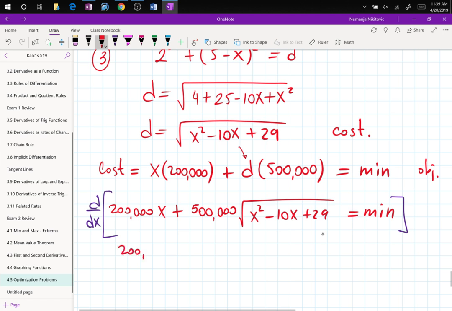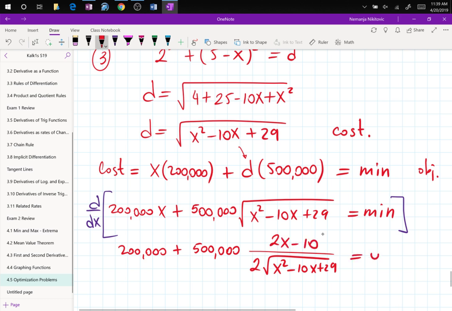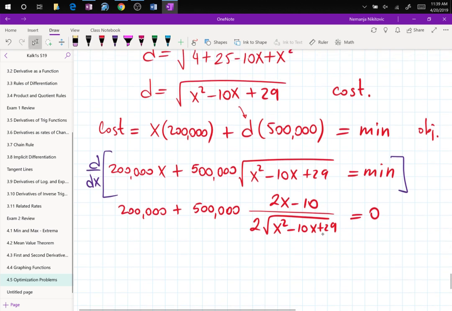So it's going to be 200,000 plus 500,000 times 1 over 2 times the original square root, times the derivative of the square root on top, equals 0.